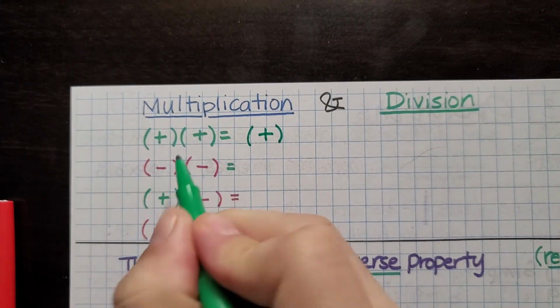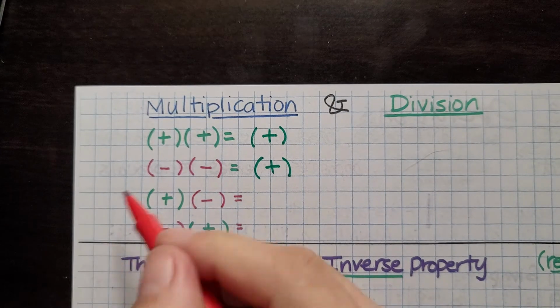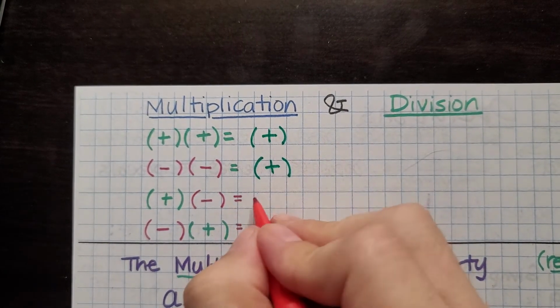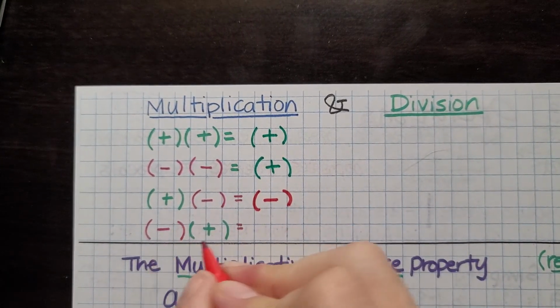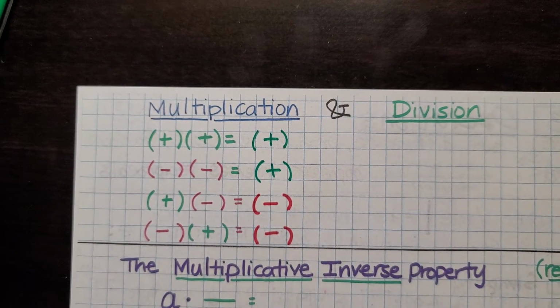A negative times a negative equals a positive. A positive times a negative equals a negative, and a negative times a positive equals a negative. Same exact rules for division.